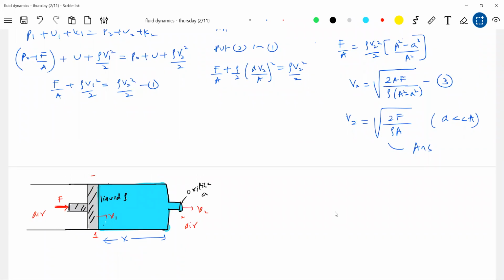So I'll apply the equation of continuity between the plunger, having area of cross section A, and the orifice. So we write A into minus dx by dt is equal to small a into V2. Further, dx is equal to minus small a by A V2 dt.